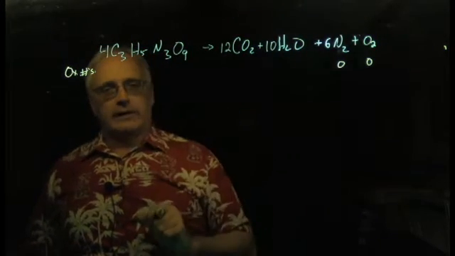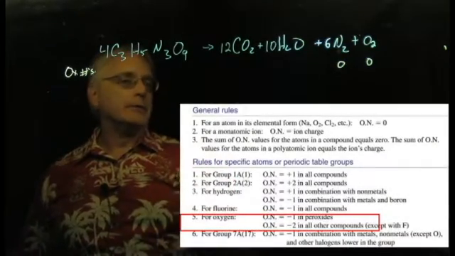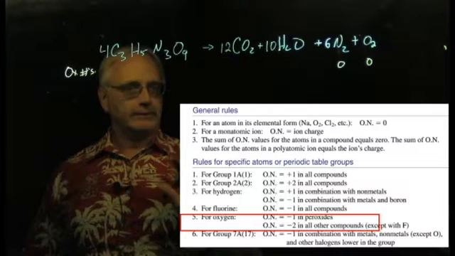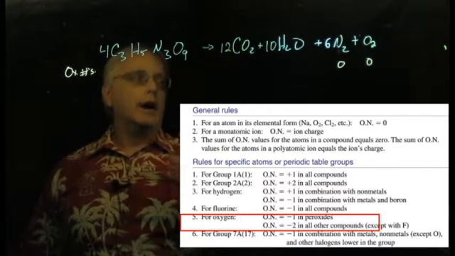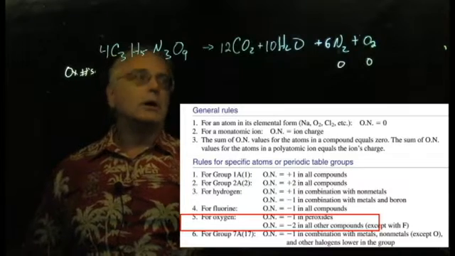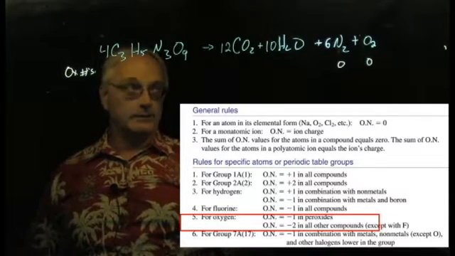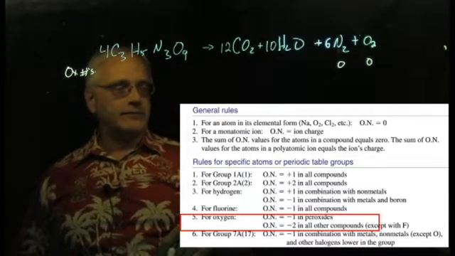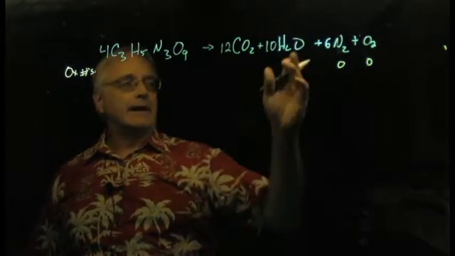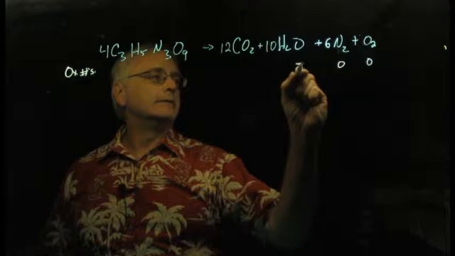A critical oxidation number rule to remember involves oxygen. It always has the oxidation number -2 unless it's elemental oxygen, O2, or if it's combined with fluorine, not the case here, or if it's in a peroxide, which is not the case here either. And so, very common, -2.